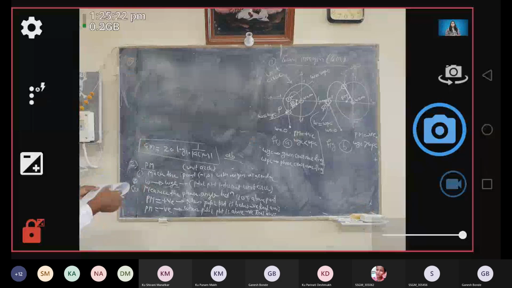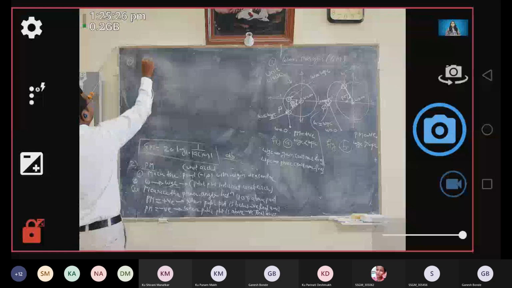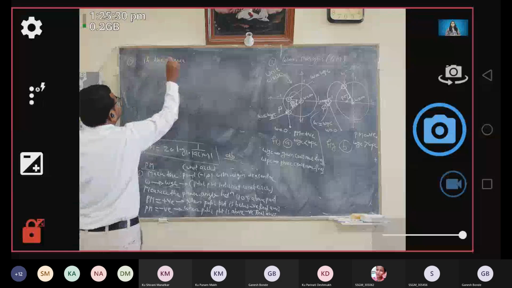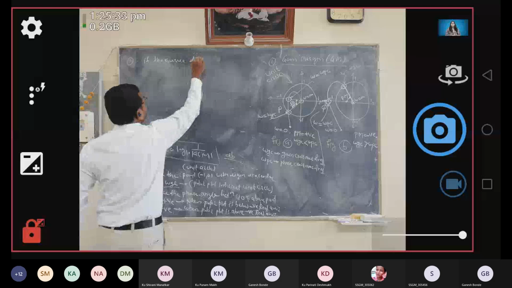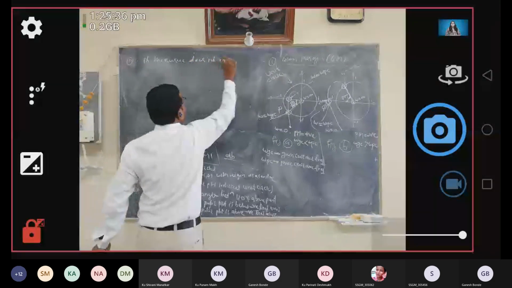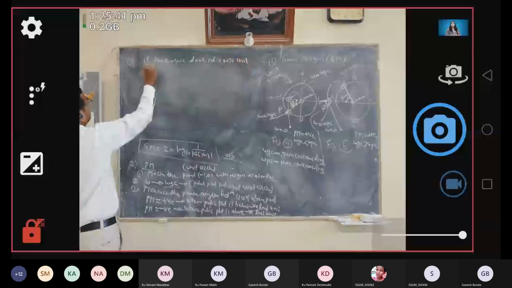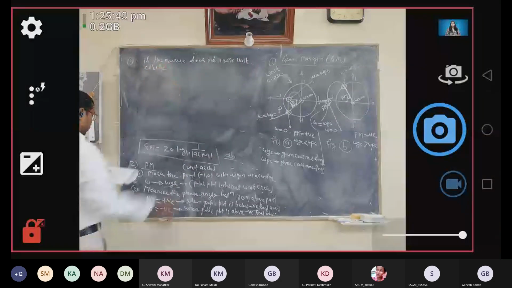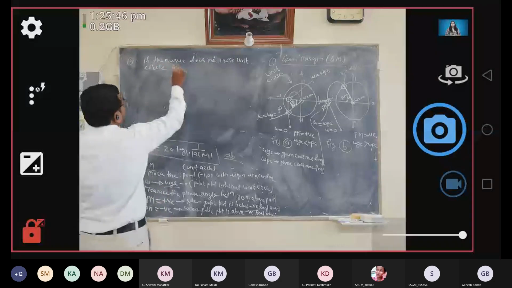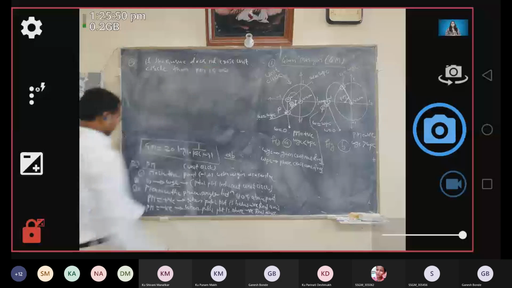If the curve does not cross the unit circle, then the phase margin is infinity.